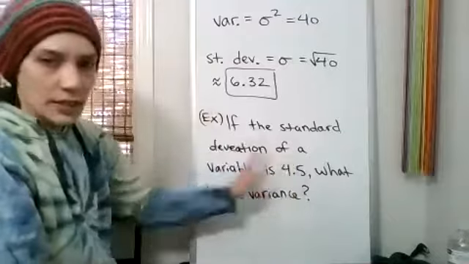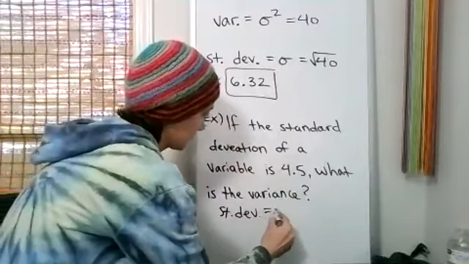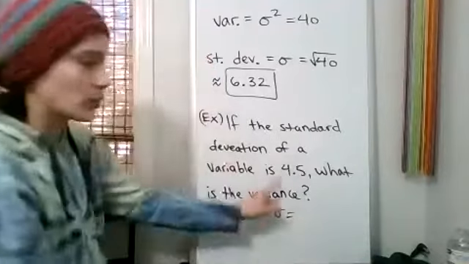So standard deviation is sigma. It equals 4.5.